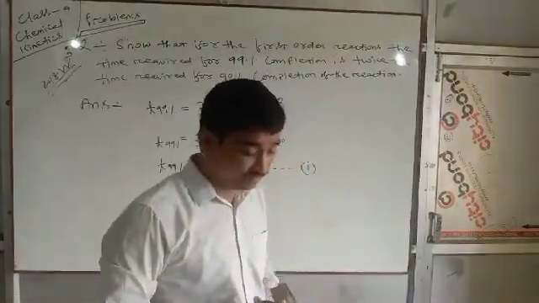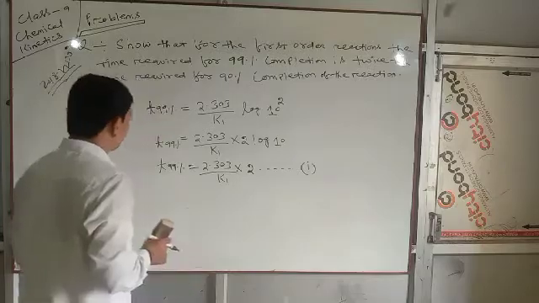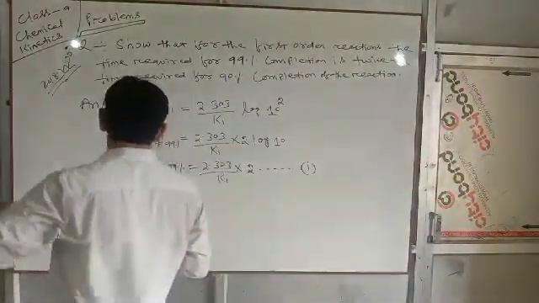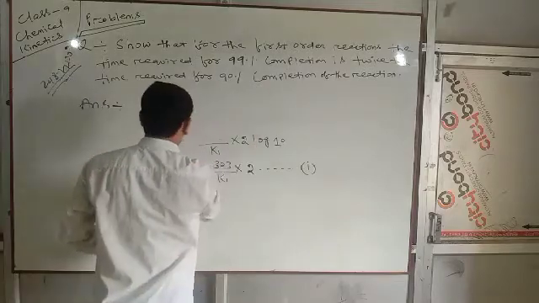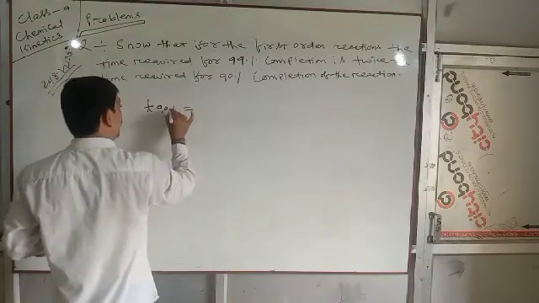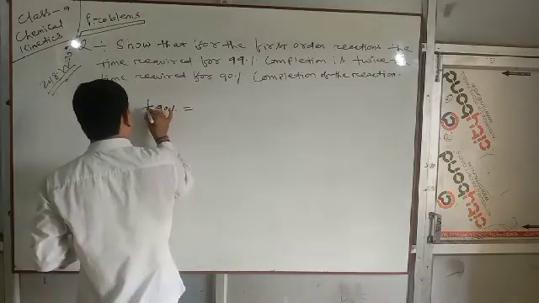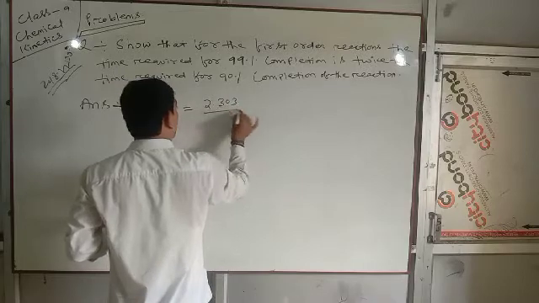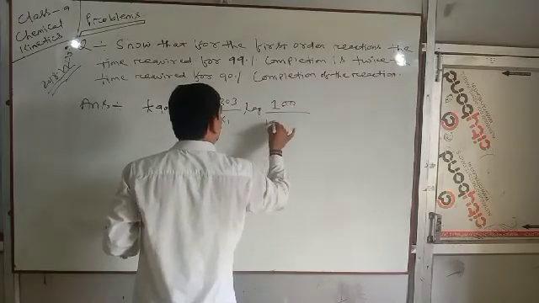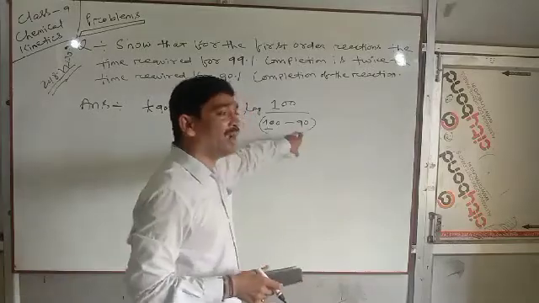This is equation 1. Clear? Next, similarly we will calculate t 90%. Write this: t 90% equals 2.303 by k1 log 100 by 100 minus 90, where x is 90.